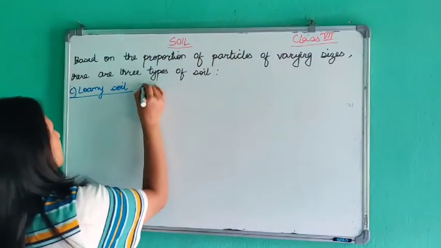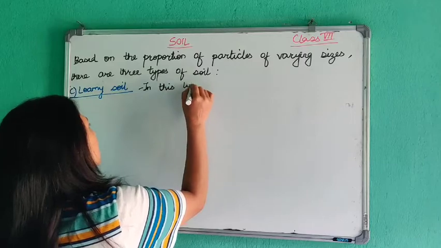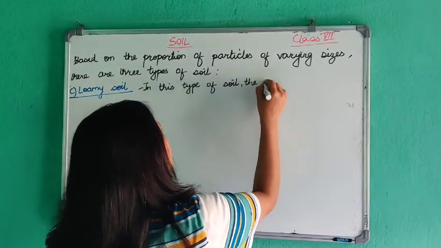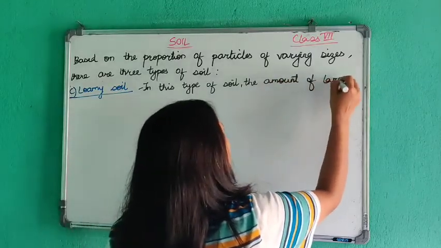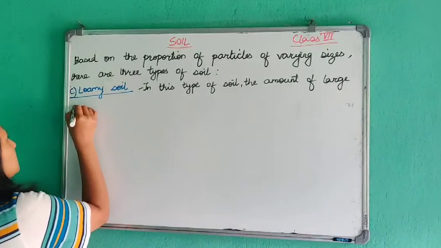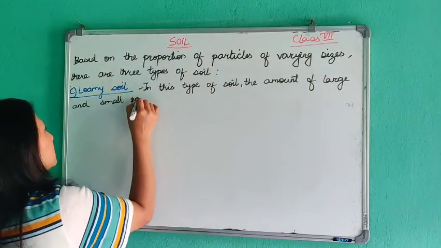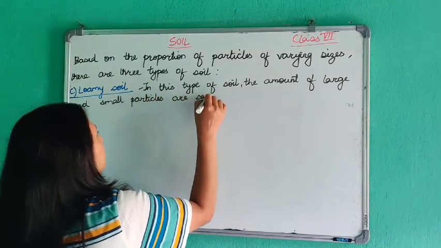Okay, in this type of soil, the amount of large and small particles are same, बराबरी जस्तो हुन्छ.